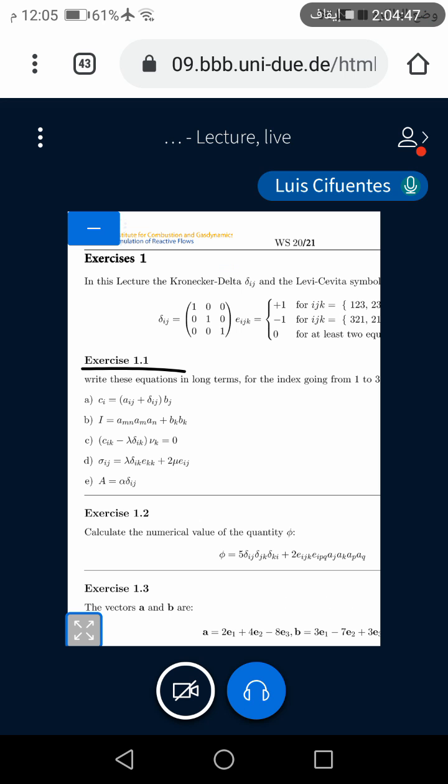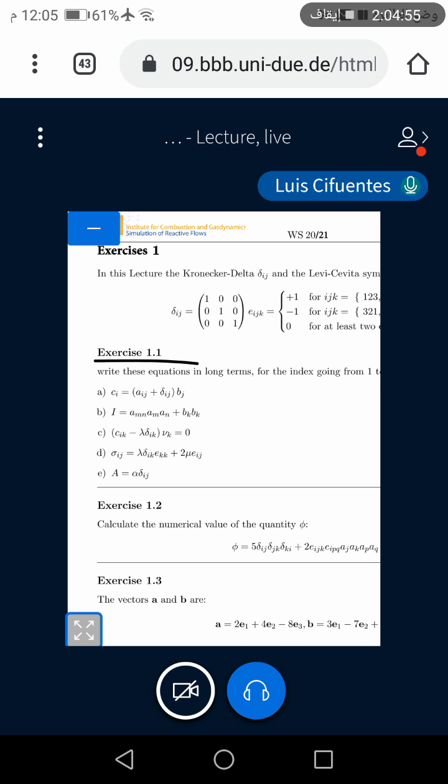Let's zoom in. We're going to solve this one for the index going from 1 to 3 in long terms, and I will continue with the next ones.